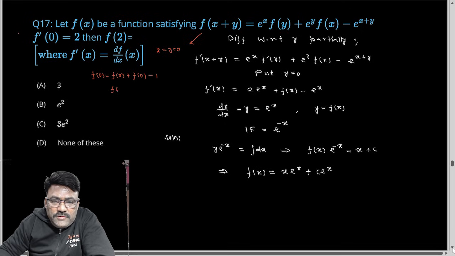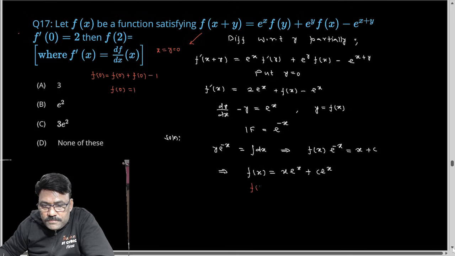So actually f0 is 1. And here if I check f0, it is 0 plus c. And f0 is 1. So hence c is 1. So now I can say that f(x) is x plus 1 e raised to x.